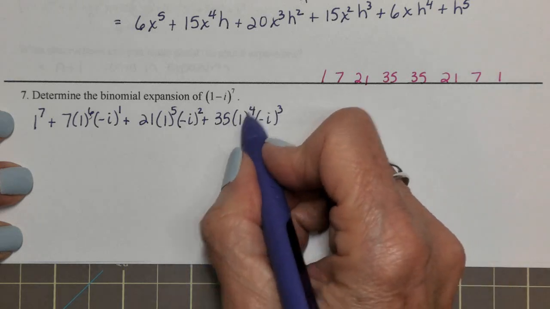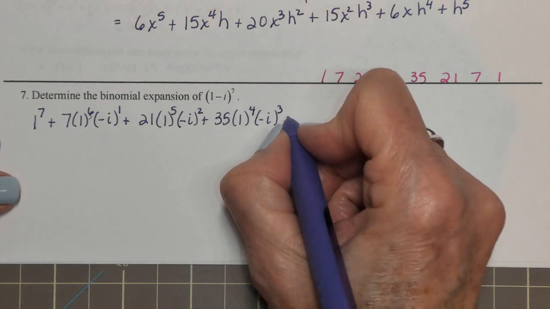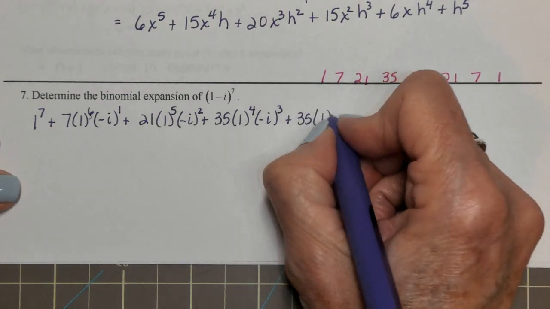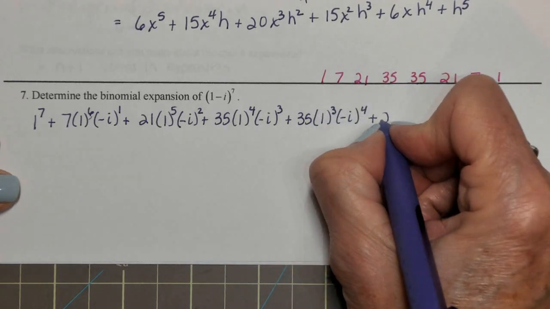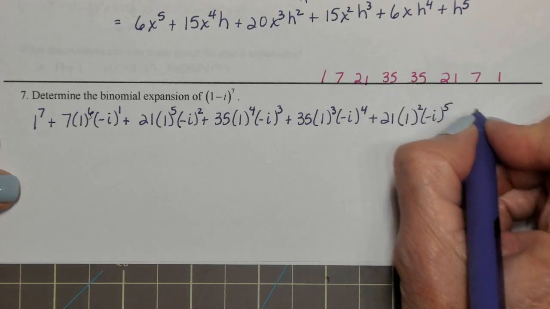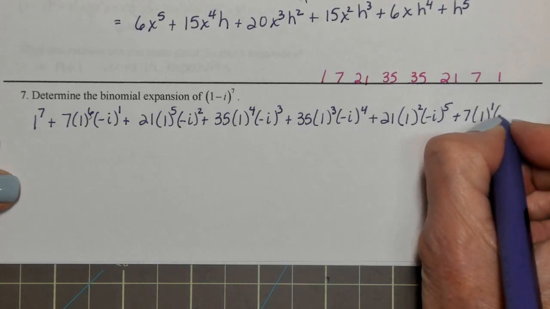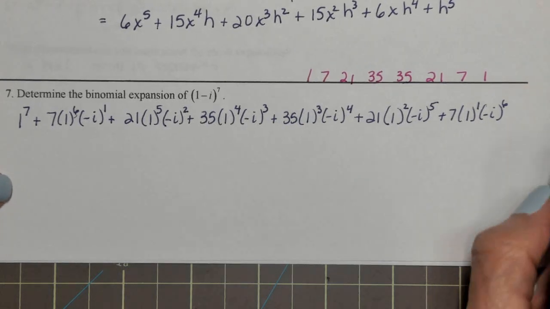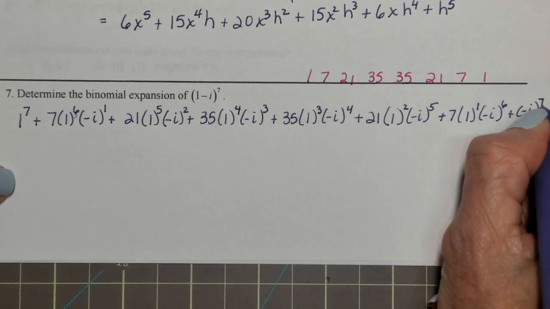I was going to say I'm going to stop writing 1 to the powers because that won't matter, but I'm going to write it out. 35, there's another 35, so 1 to the 3rd, negative i to the 4th, 21, 1 to the 2nd, negative i to the 5th, 7, 1 to the 1st, negative i to the 6th, and the very last term will just be negative i to the 7th power.